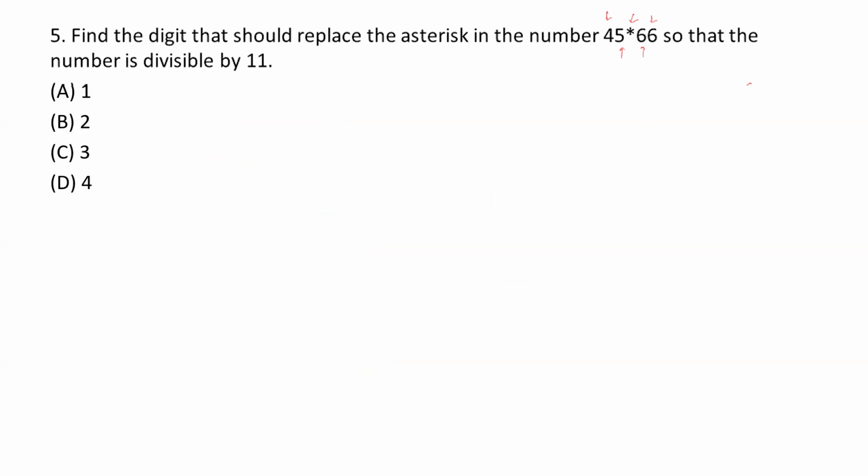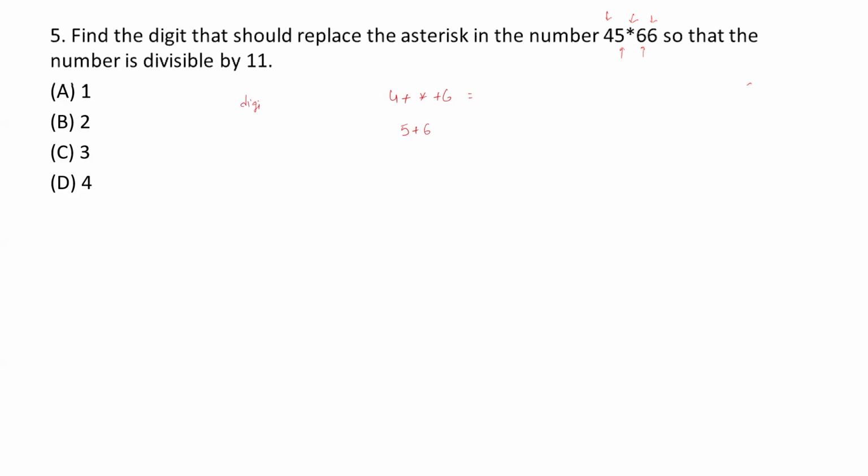So, the rule is look at the digits at even places, look at the digits at odd places. Odd places are 4, star and 6. Even places are second and fourth. So, 4 plus star plus 6 and 5 plus 6.